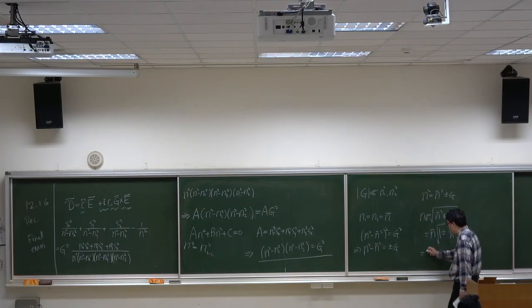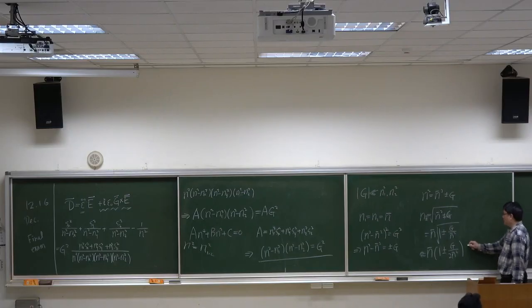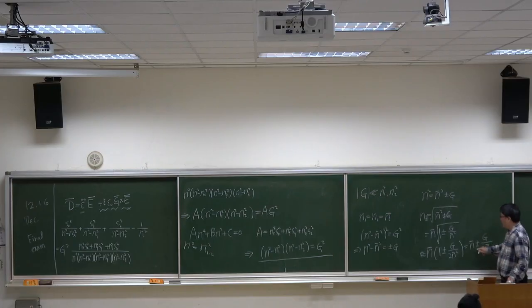The binomial formula means that this can be approximated by n bar times 1 plus or minus g over 2 n bar squared. So this is n bar plus or minus g over 2 n bar. If this quantity is very small compared to 1, taking the square root is equivalent to 1 plus the small term times 1/2. So we get this result.